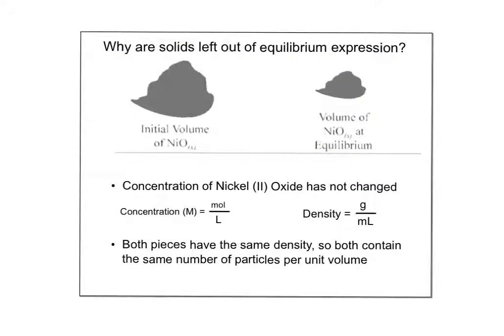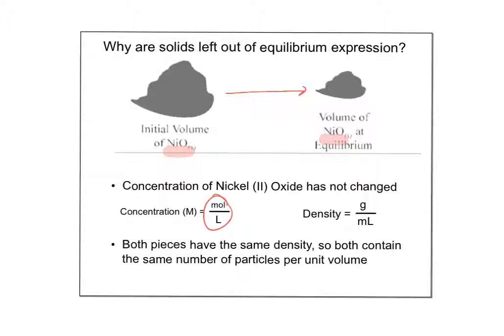For those of you who are why kids, like why don't we put solids? The reason solids don't go in the expression is because when you use up a solid, so let's say we're starting with this nickel oxide and some of it gets used up, we are changing the number of particles. We're reducing the number of particles and we're reducing the volume, the size of it.